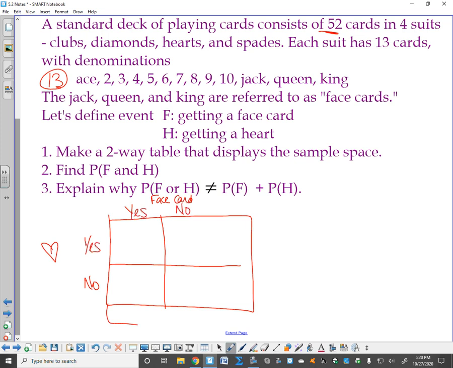I'm going to add on for my totals. To make a two-way table, let's see if we can fill in all the spaces. I know I have a total of 52 cards. If I do the two yeses, those are the face cards that are also hearts. Well, I have a jack, a queen, and a king that are hearts. So there are 3 of them.